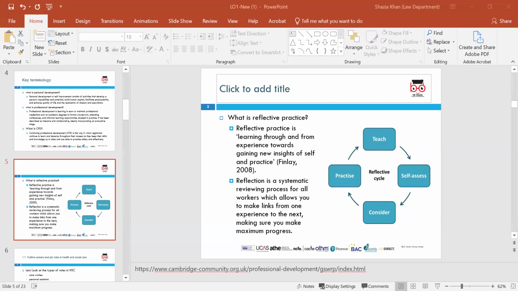If we think about it in the health and social care setting, how do you think it's important there?